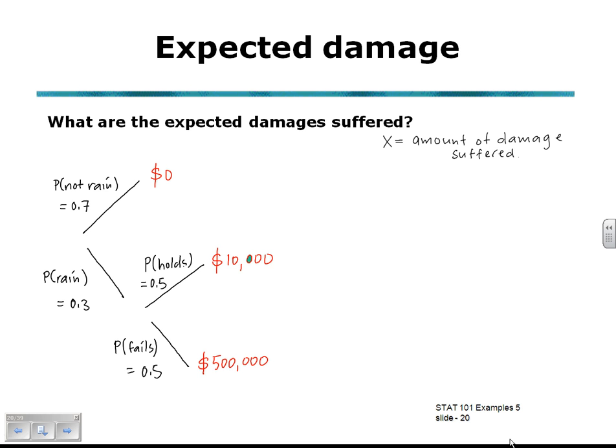Remembering the formula from the Stat 101 formula sheet, our expected value of x is the sum of x times the individual probabilities, the sum of x times P(X = x). We'll use a table to draw up these values to work out this expected value of x.